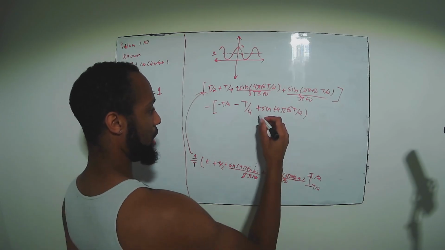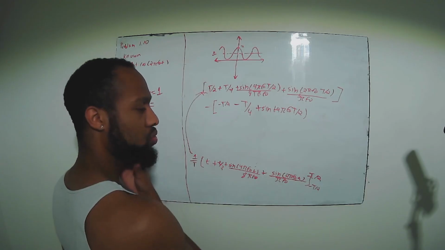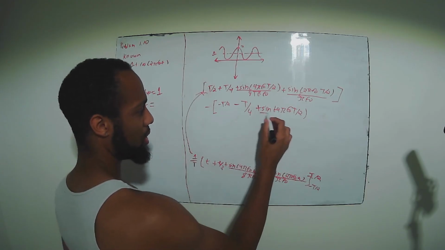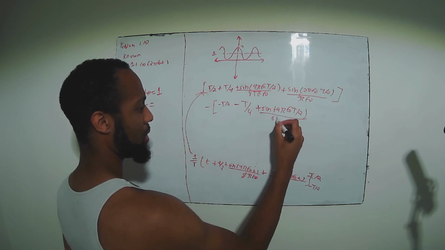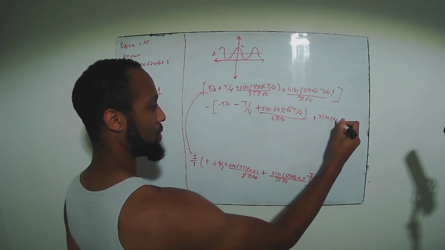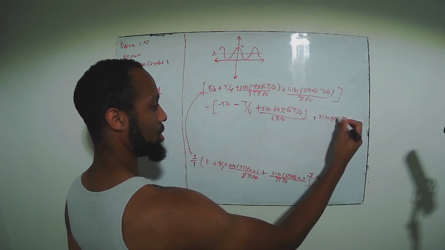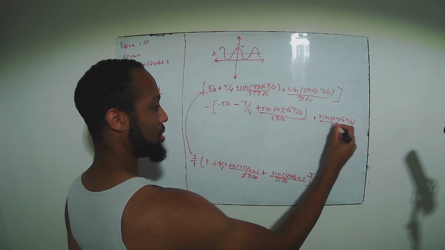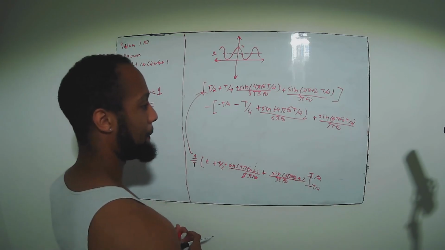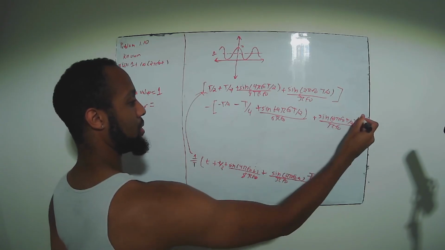And then over here we're going to get 8 pi f naught, and then over here we're going to get plus sine 2 pi f naught. Yeah, so that's cool. So these are going to cancel.